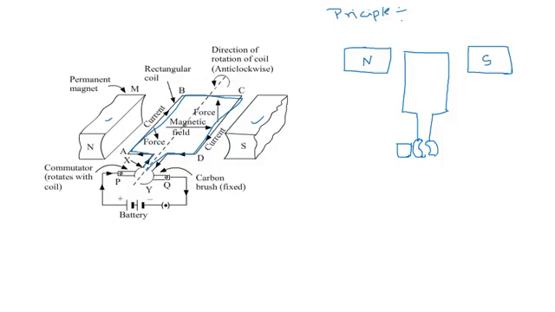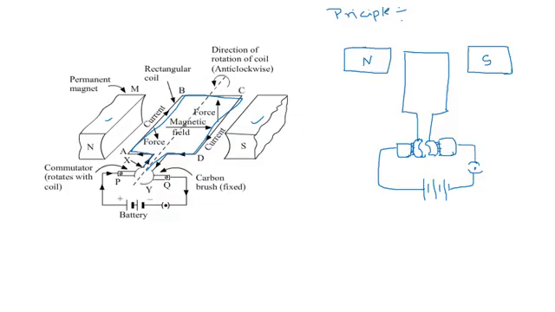Now I'm drawing a brush, and these are the threads of the brush. Here also I'm going to draw a brush, and these are the threads of the brush, right? I'm going to attach this brush to the battery. If you want to put a key over here, you can put a key, right, and attach to the brush.